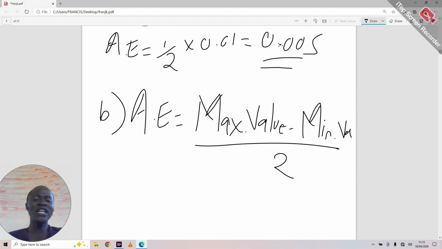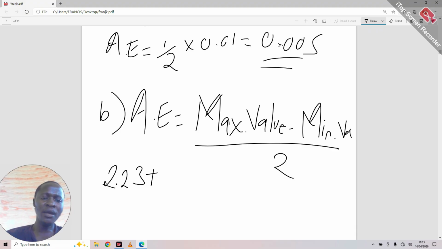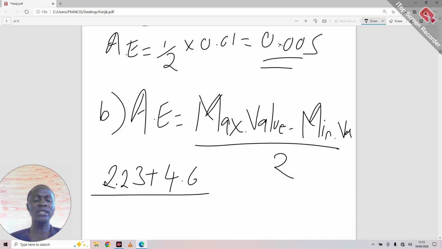For example, when the numbers are combined, like you're having 2.23 plus 4.6. This is now not an individual number. This is a combined number. And when the numbers are combined this way, part B, absolute error equal to maximum value minus minimum value divided by 2 is what we shall use.